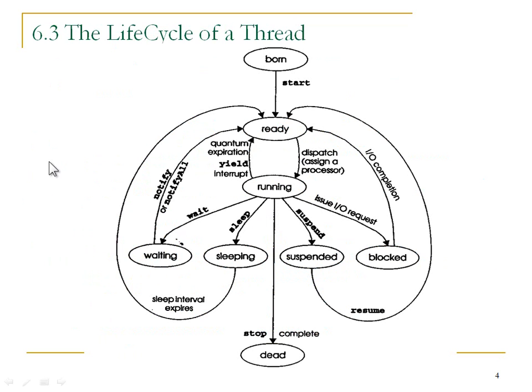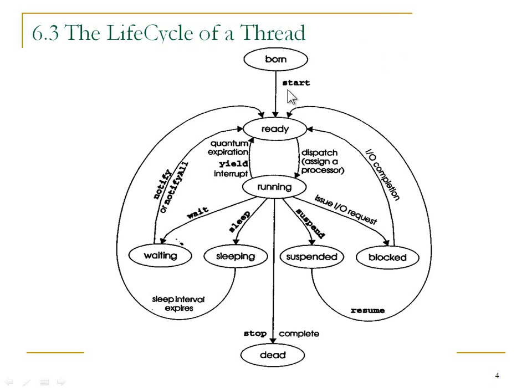Okay, the life cycle of a thread. The born state of a thread is when we have an object of type thread and it's ready to be started. And how do we get from the born state to the ready state? We call the start method.